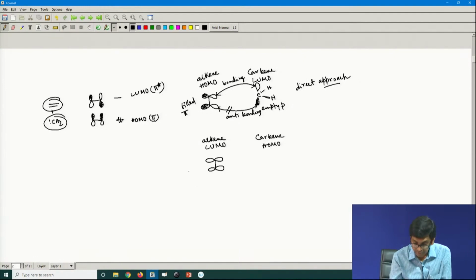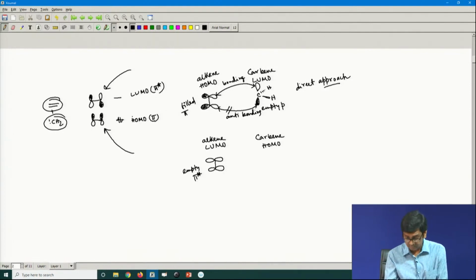This is the corresponding empty pi star. Earlier it was the HOMO, the filled pi orbital, and in this case this is the empty pi star.